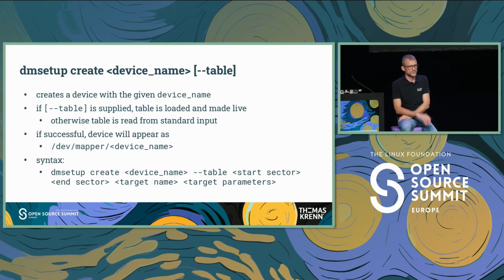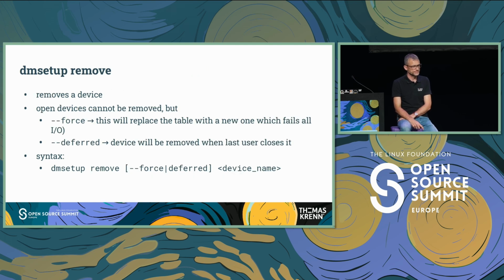This depends from target to target. And if it's successful, you then get a device in the dev mapper directory with a device name, and the syntax is mentioned below. I'll show an example for the linear target afterwards too.